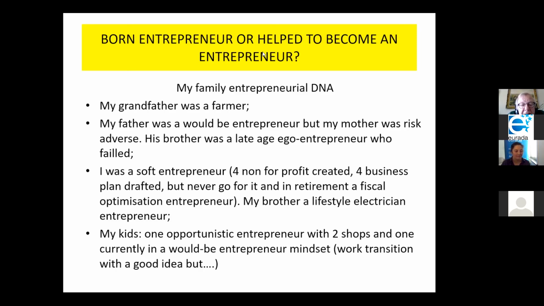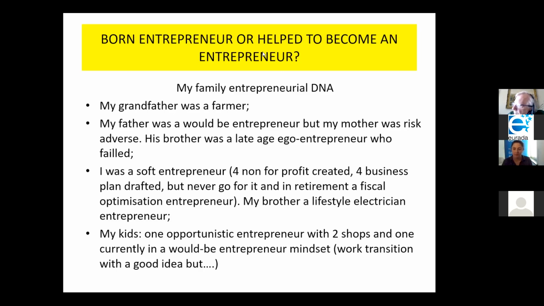Now I have 2 kids, and one is an opportunistic entrepreneur. I mean by that he is an optician, and one day the family who was his boss decided to stop and offered him to take over the business. So he did. And 2 or 3 years after, the only optician shop in the town where he's living closed down.